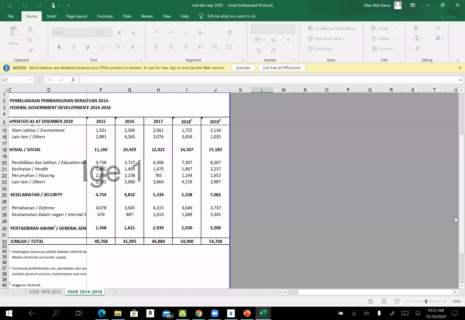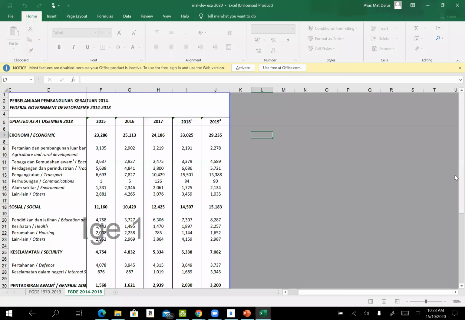Total di bawah. Okay, so if you look at the components, you have the economic. So these are related to transportation, communication. So transportation, maybe the expenditure or investment on transport, roads, highways, or all those things.